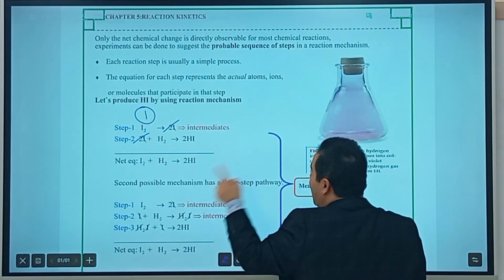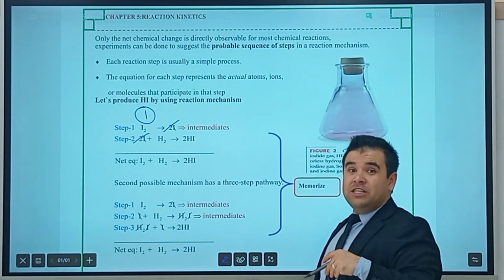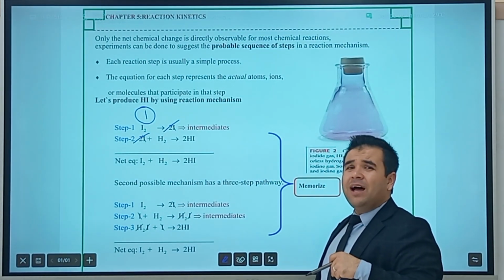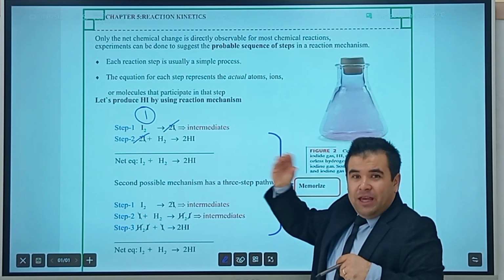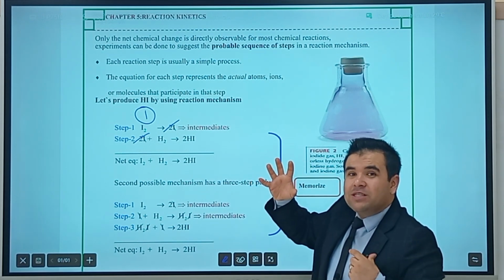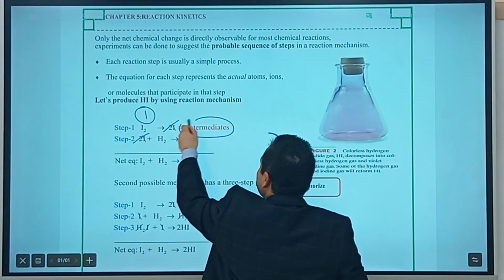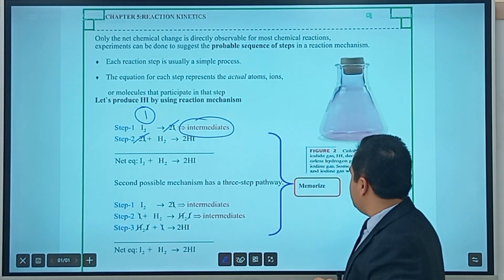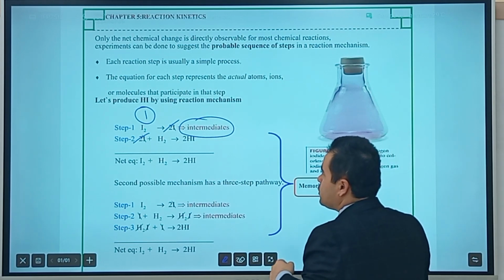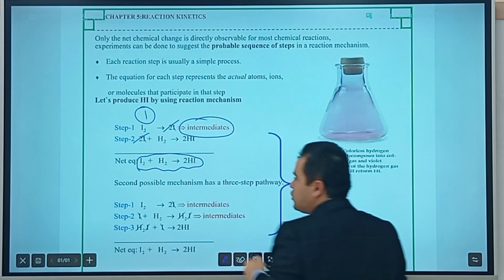Any species that appears as a product in one step and a reactant in the following step cancels out, and we call it the intermediate. We will be defining the intermediate in detail, guys. So the result is H2 plus I2 to form 2HI.